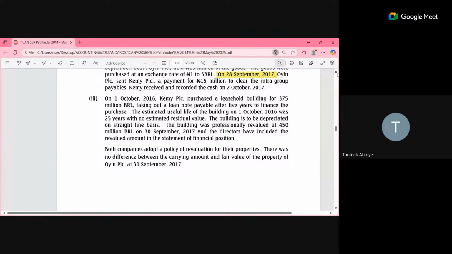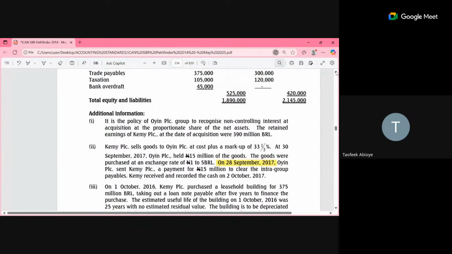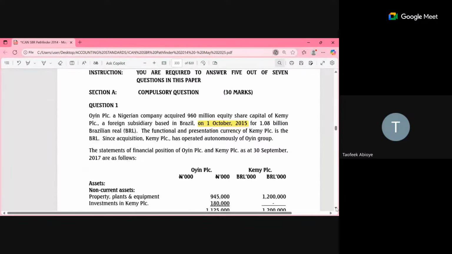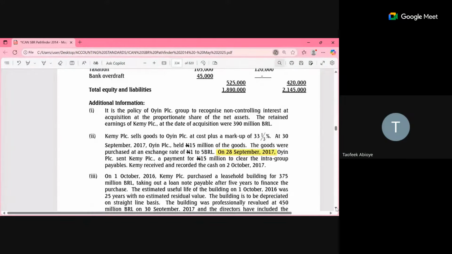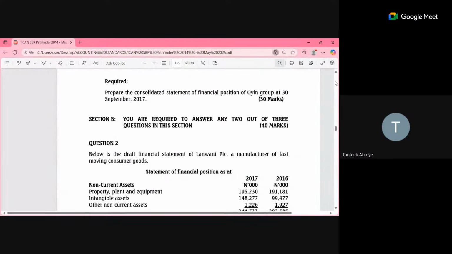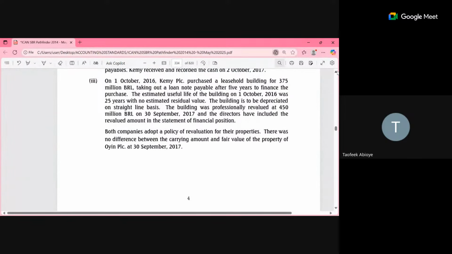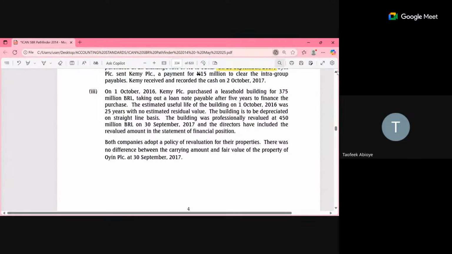When is the acquisition date? Let's check. October 2015. Okay, after the acquisition date. So that building was acquired after the acquisition date, then they now said what? The estimated useful life is 25 years with no estimated residual value.